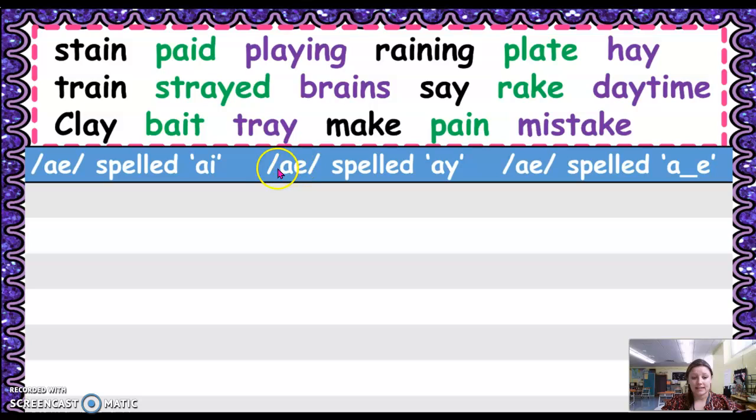Clay is an A word spelled with AY. And make is an A word spelled with A, consonant, E. There's our magic E we talked about. So you're going to sort the words and decide where the word belongs based on its spelling. All of the words make the same sound. They all make the A sound, but they are spelled using AI, AY, or A consonant E.